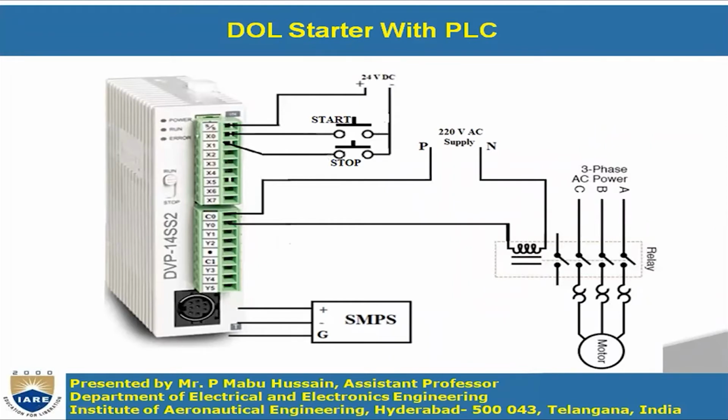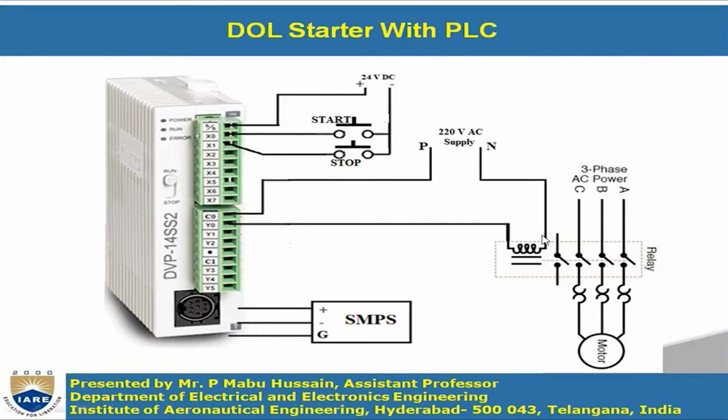In the program you can modify them, so that one works as normally closed and the other as normally open. So don't worry, you can use the two push buttons which are normally open itself. The start push button will be connected to X0, and the stop push button will be connected to X1. Now what is your output?